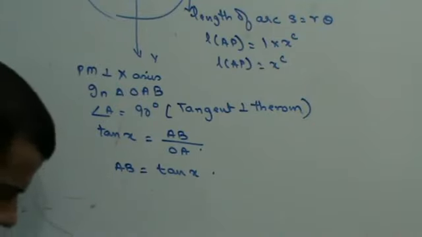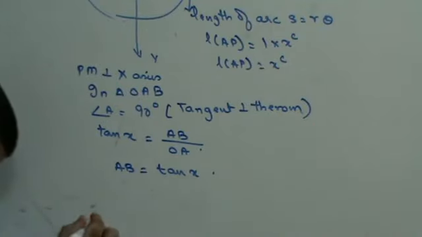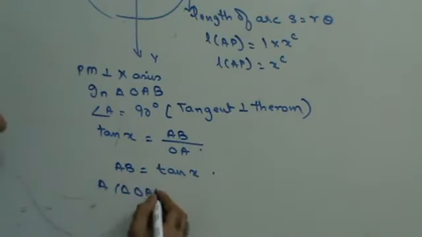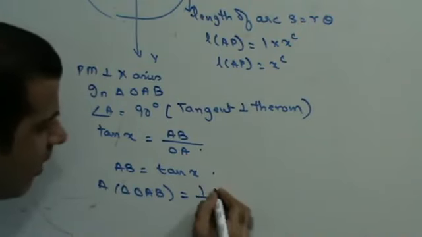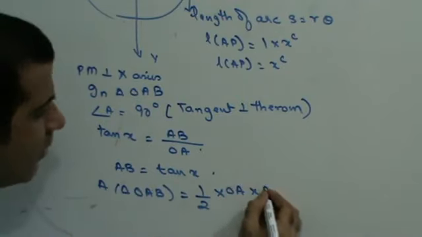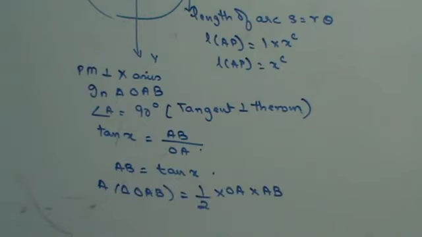Fine, do we get this thing clear? Now, I can say that area of triangle OAB. Area of triangle is nothing but half base into height. Base is OA, height is AB.